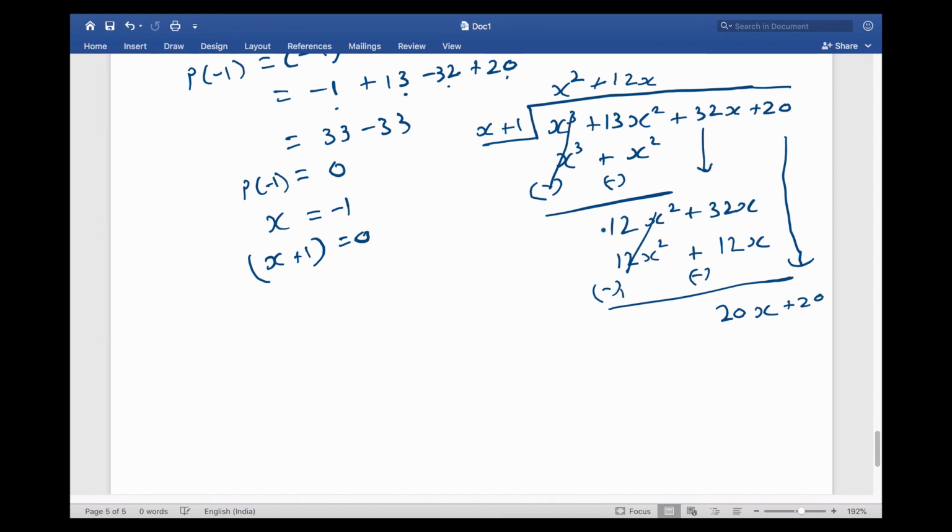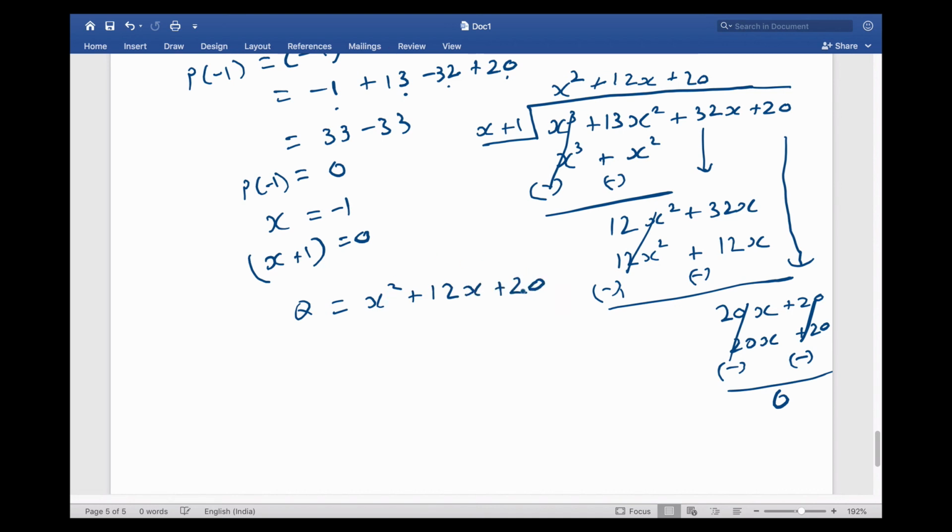So I want 20x. I will simply multiply with positive 20. So I get 20x plus 20. I can simply cancel it out now because the signs get reversed. Left with 0. So my quotient now is x square plus 12x plus 20.